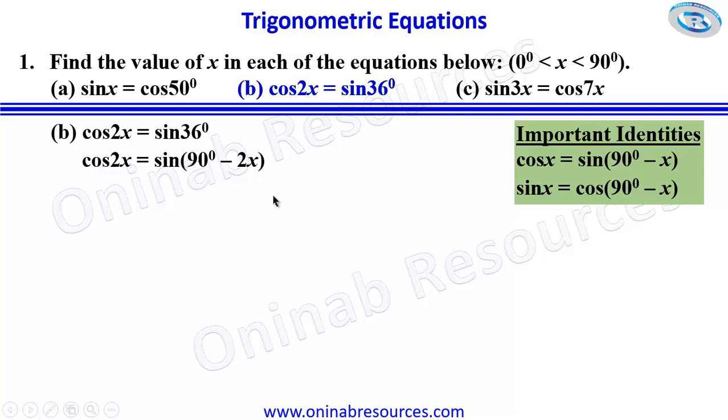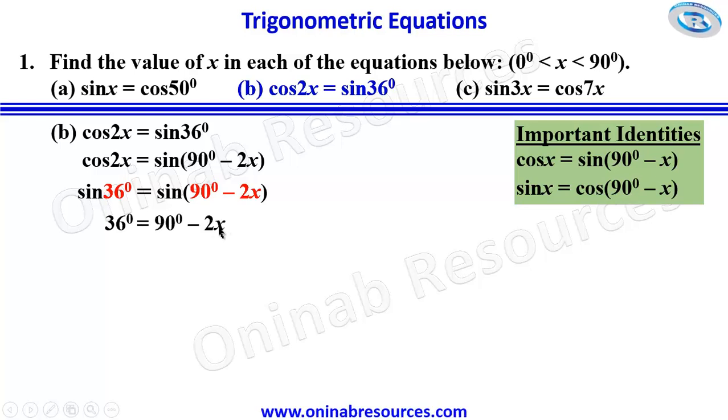Then we look at, since this is cos 2x, this is cos 2x, this sine 36 degrees is equal to sine 90 degrees minus 2x. And also from here, this is sine, this is sine. It means 36 degrees is equal to 90 degrees minus 2x.